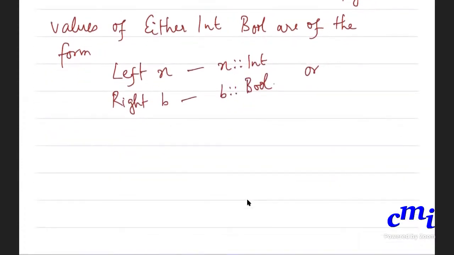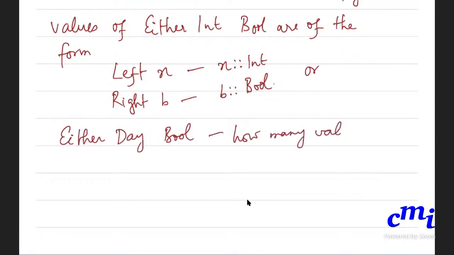So quick question: recall that we have defined Day to be those things, right? So how many values will there be in Either Day Bool? How many values? 14. Why 14? Even I thought 14 initially. 9, right?